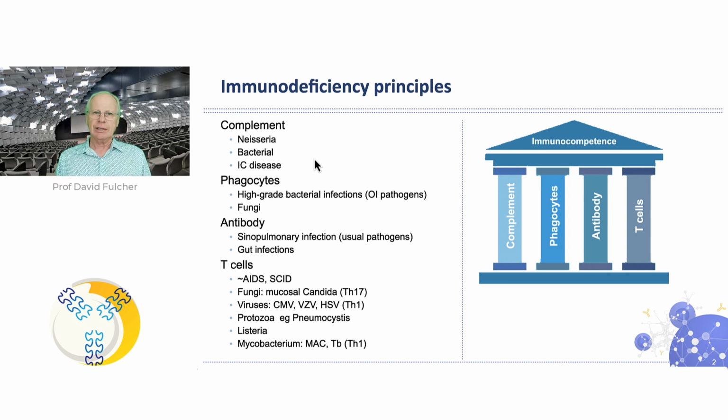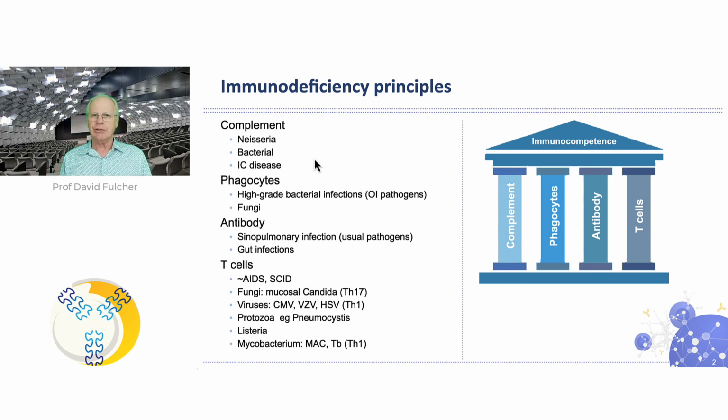If your phagocytes aren't working, your neutrophils, your macrophages, then this is fairly nasty. You get high-grade bacterial and opportunistic pathogens, nasty fungal infections in places where they shouldn't be, like liver and tissues and so forth.